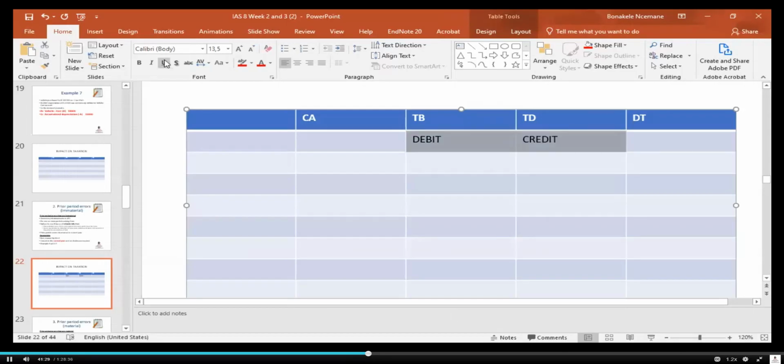Debit depreciation by 15,000 and credit accumulated depreciation by 15,000. Do we agree that we debit depreciation expense by 15,000, and then accumulated depreciation?